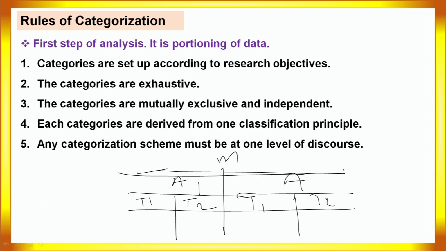Now, if you put the achievement score here, there are not more than two variables in the same category. So, this is the fourth principle we are talking about, that each category is derived from one classification principle.